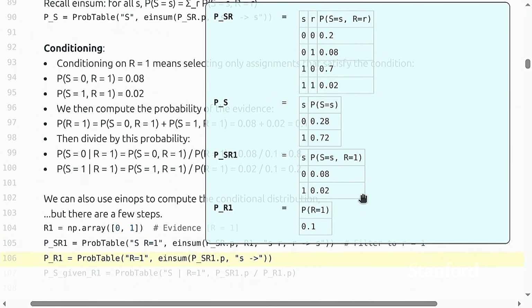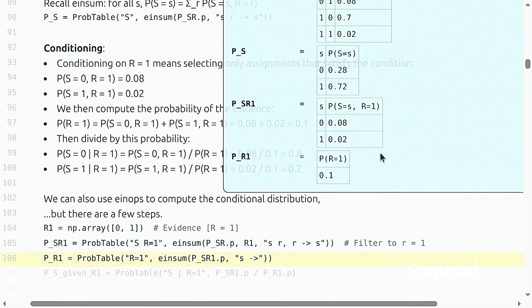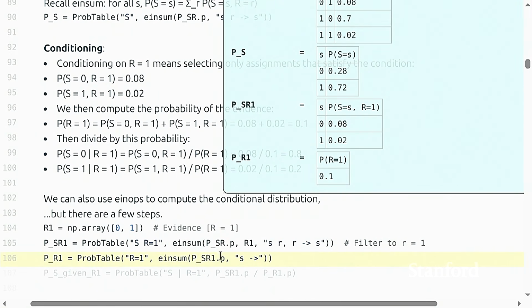We compute the probability of the evidence, and the way you do that in einsum is you look at this probability table, which is indexed by S, and then you don't have an output, which means that it just sums over all the elements here, and that gives you 0.1.